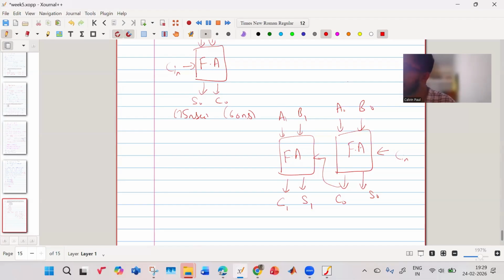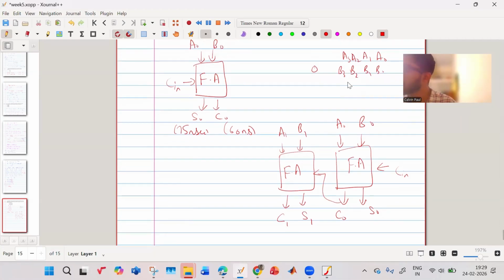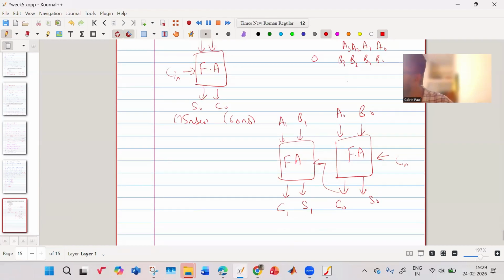So at time t equal to 0, okay, you will apply A3, A2, A1, A0, B3, B2, B1, B0. Very good. You have applied all of them concurrently, simultaneously at the same time. Now what happens is to produce your sum, it is taking 75 nanoseconds. To produce this carry, it is taking 60 nanoseconds.